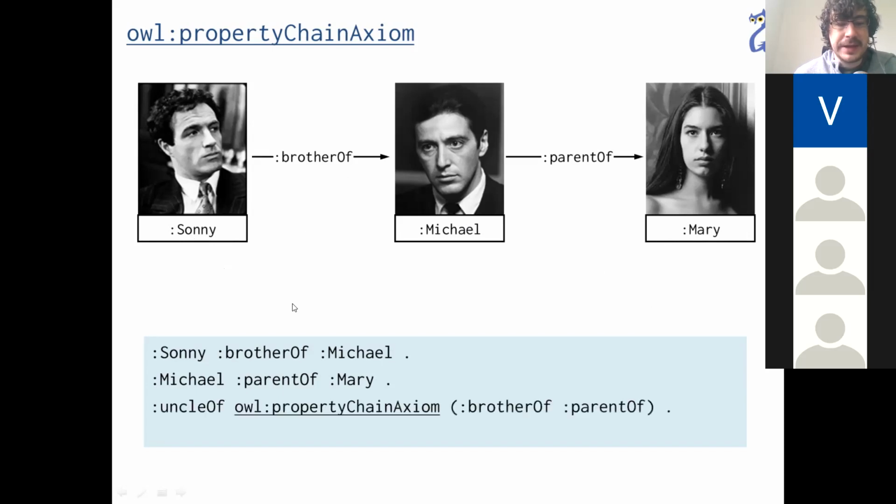To get this inference, we can define that uncle of is a property chain axiom, brother of, parent of. So this here is a list, and this defines an ordered list of elements, right, in turtle syntax. So it says that uncle of is sort of like brother of followed by parent of.